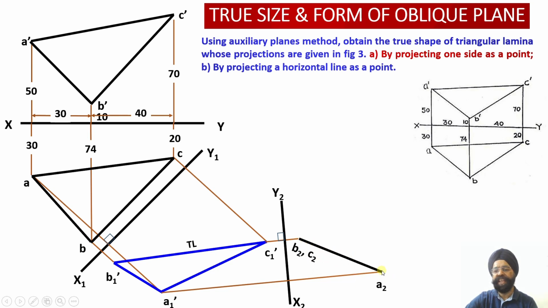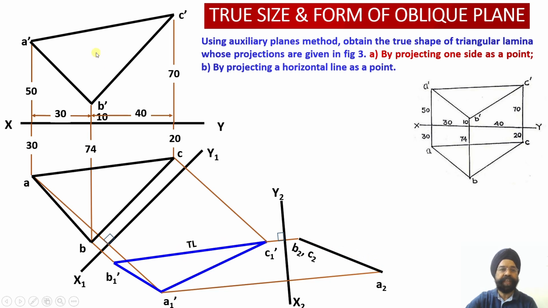This is the edge view of this lamina, and I told you earlier, in the second step, whatever true length we had obtained, we'll extend that true length, draw an auxiliary plane perpendicular to that true length, and in the next view, that is the fourth construction we have drawn, we are going to obtain the edge view of the lamina irrespective of the number of edges.